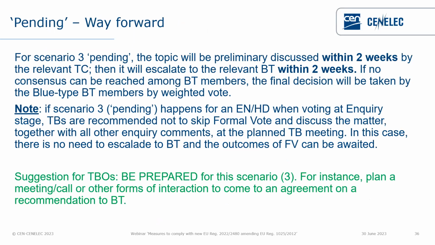If scenario 3, so if the pending happens for EN HD at inquiry stage, TBs are recommended not to skip formal vote and discuss the matter together with all other inquiry comments at the planned TB meeting. In this case, there is no need to escalate to BT, and the outcomes at formal vote can be awaited. So if the pending is at inquiry stage, do not skip formal votes. But in this case, there is no need to go to BT.